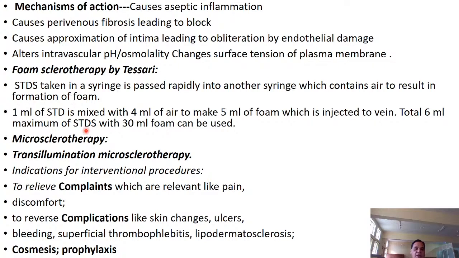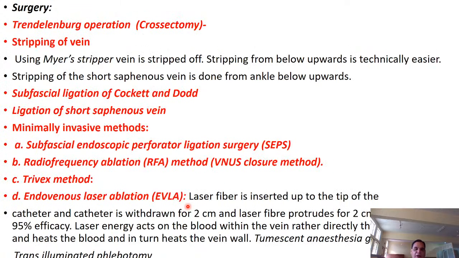Okay, there are different techniques. Microsclerotherapy. Complications do occur because of this sclerotherapy, like blackening and ulceration. That is why sometimes it is not very popular. Surgically, Trendelenburg operation, it is called crossectomy. This surgery is the stripping of the vein. What is the name of the stripper? Meyer stripper.